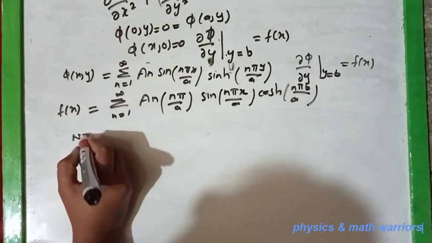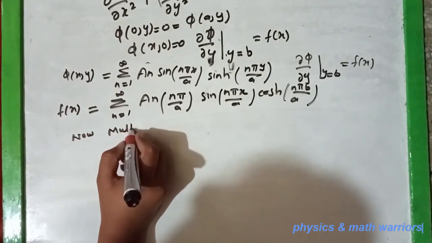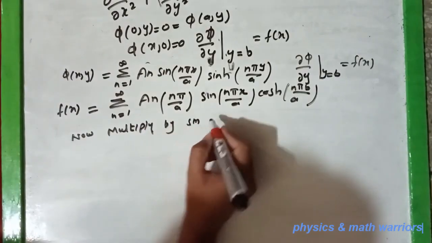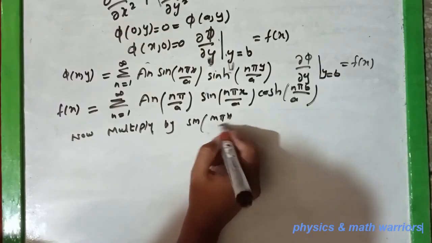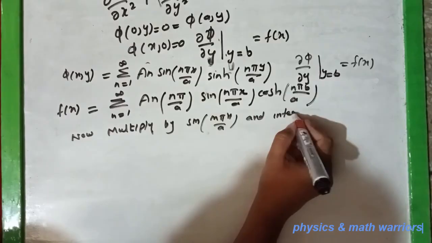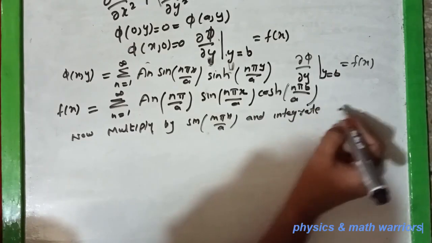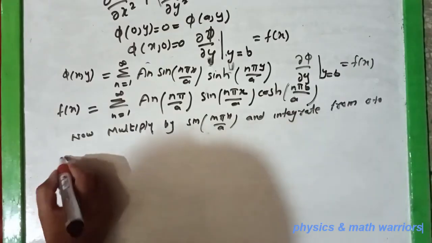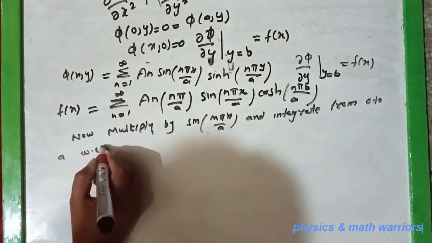Now multiply by sin m pi x over a and integrate from 0 to a with respect to x.